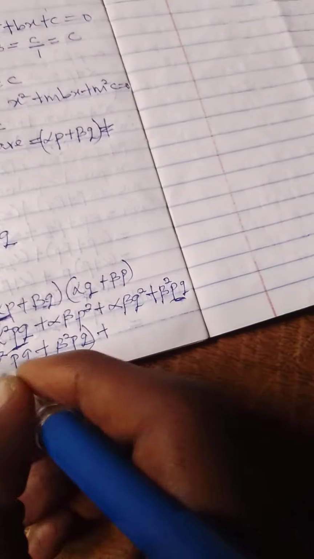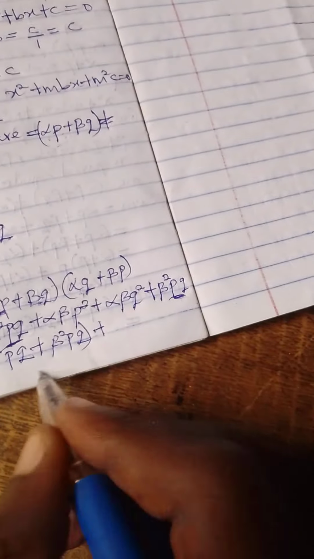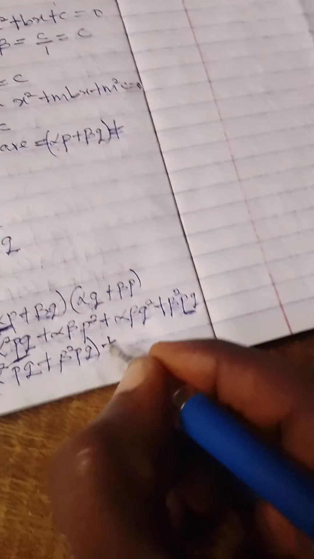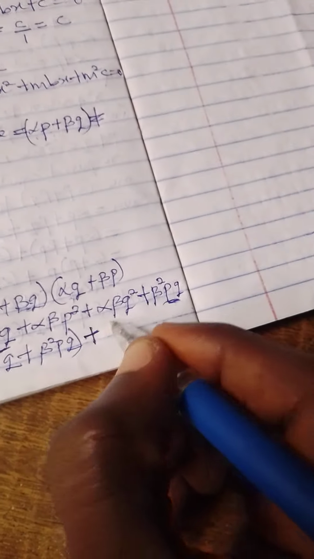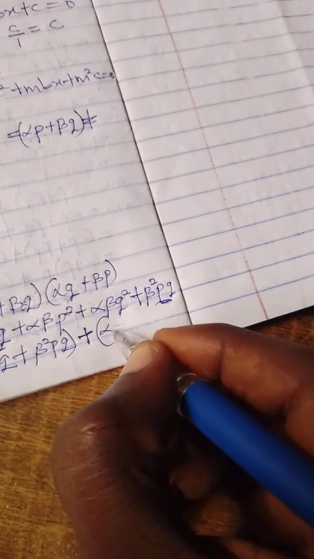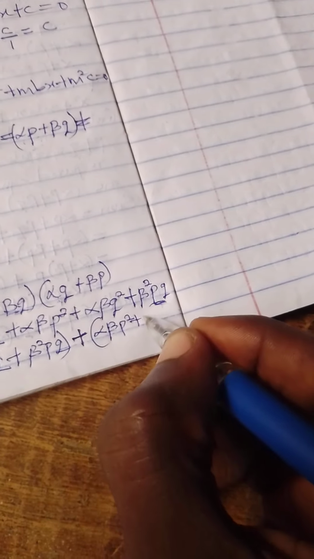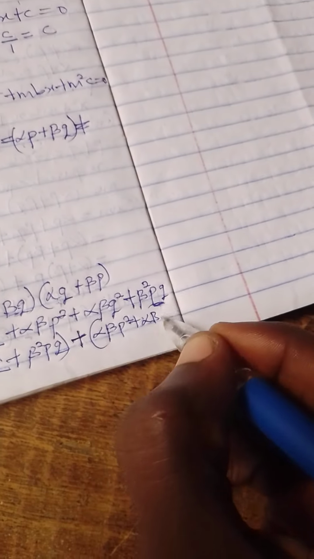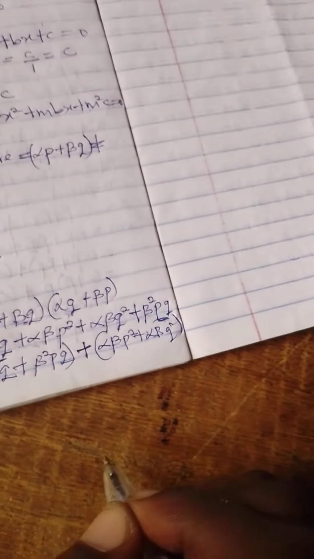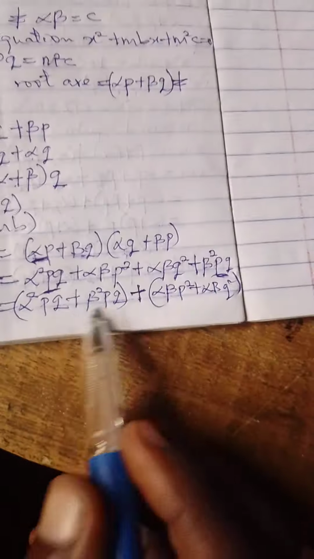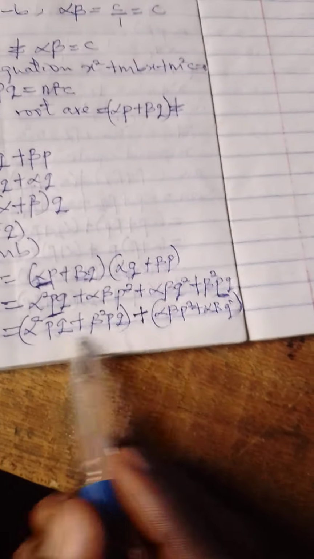plus, take it like this. You can do something like this, it's allowed. Put plus here. Then what do we have next? Alpha beta p square plus alpha beta q square. I get it now. So what are we now going to write? From this, you see that we have pq here.